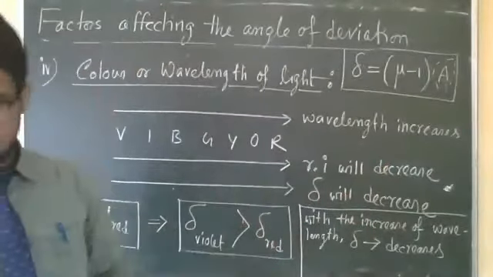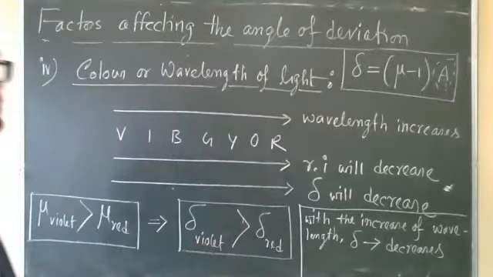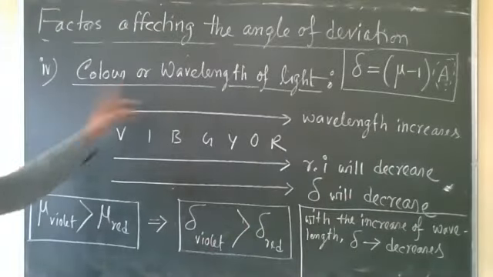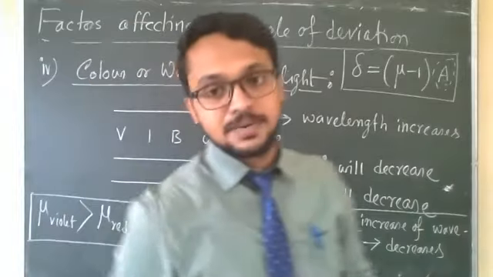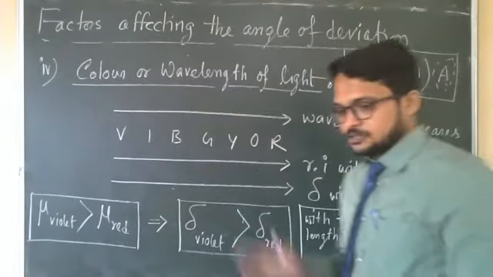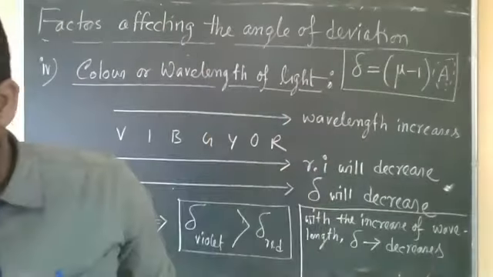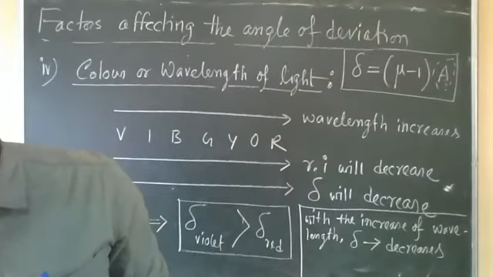Angle of deviation decreases. So these are all the points or factors affecting the angle of deviation, and I have explained them in a proper way. I hope you have noted down the points from your book.